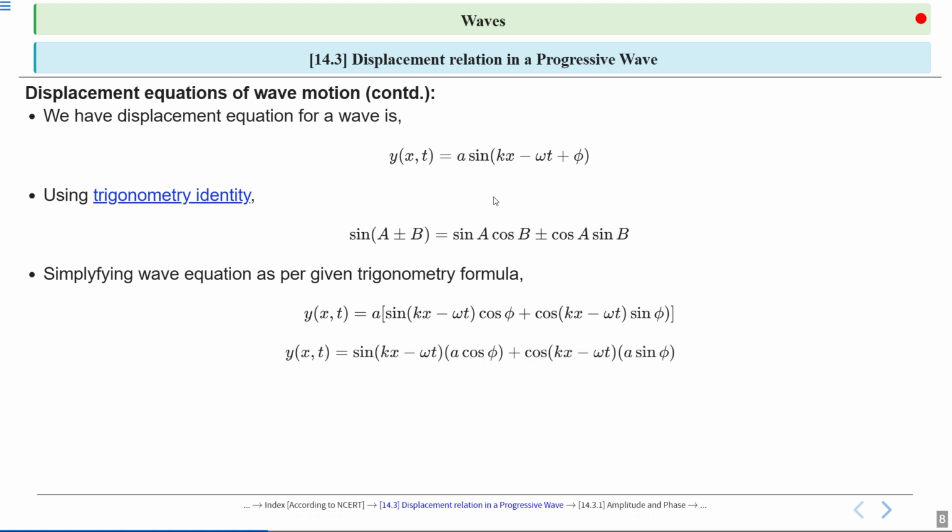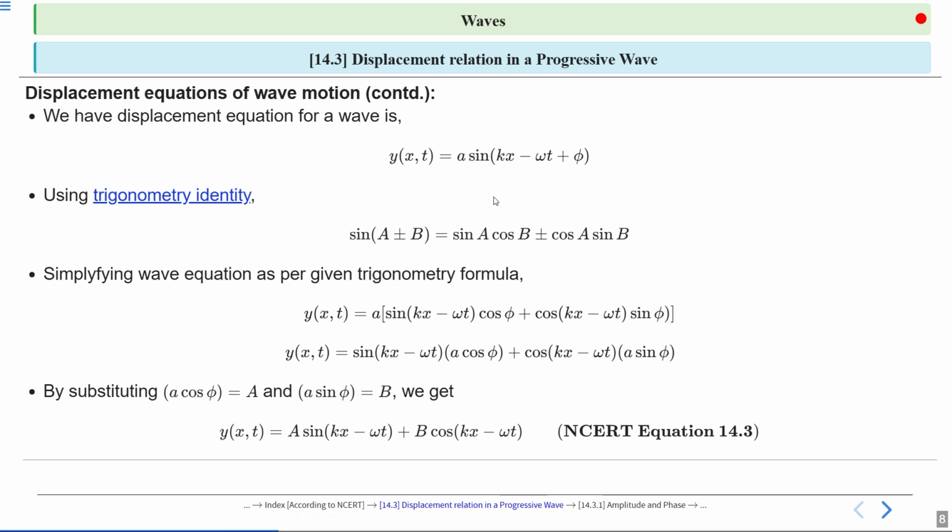So let's rearrange the terms. So y of x, t is equal to sine (kx minus omega t) A cos phi plus cos (kx minus omega t) A sine phi. This makes it clear that the displacement is a combination of two separate wave components, each multiplied by a different constant.